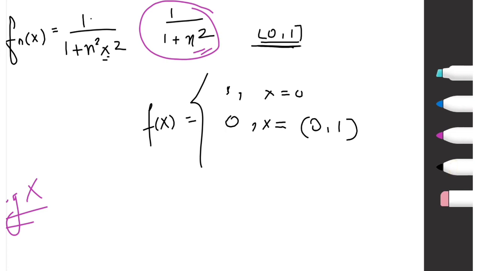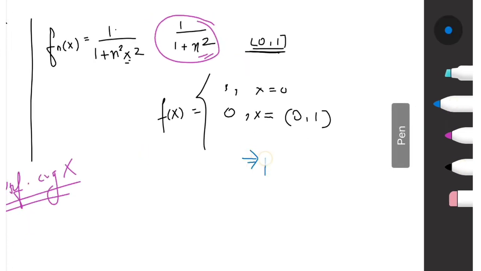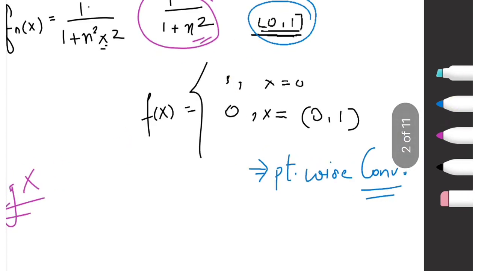This implies that this is pointwise convergence, as we are getting f(x) for all the points belonging in this interval. So this is pointwise convergence.